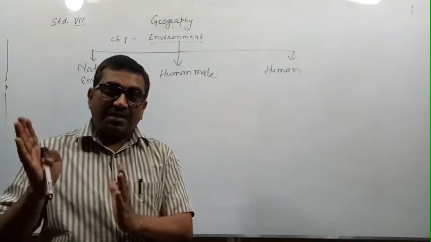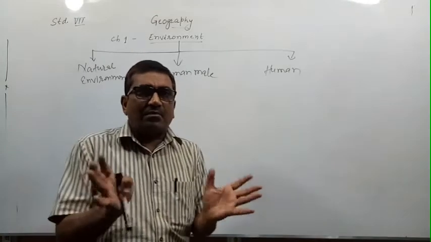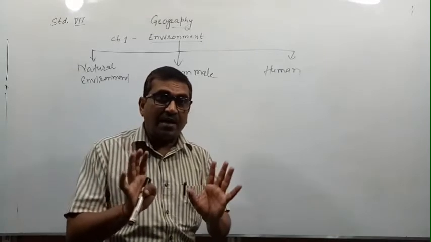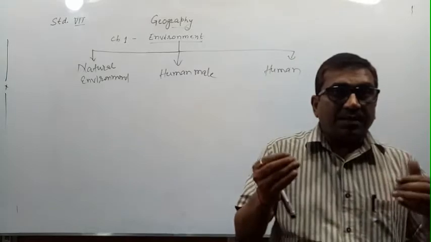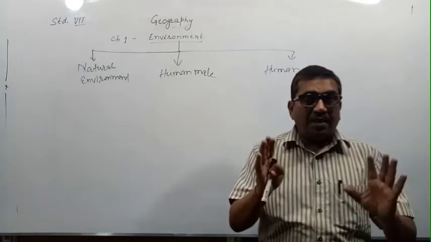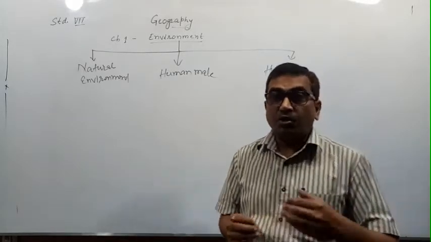If the AC has been installed, the environment has a cool effect when we enter the room where AC has been installed. It means for comfort we have changed the environment of that place, and human himself.